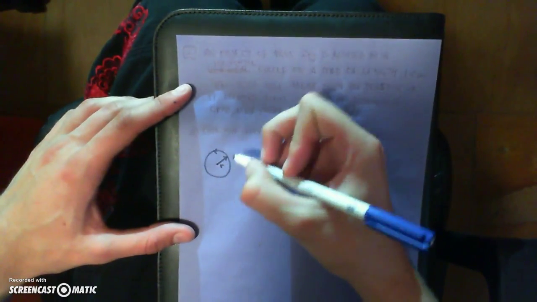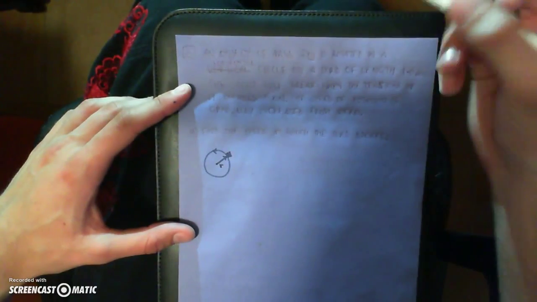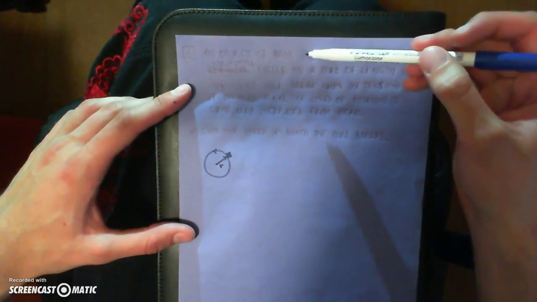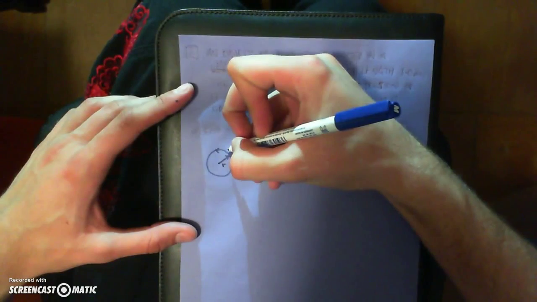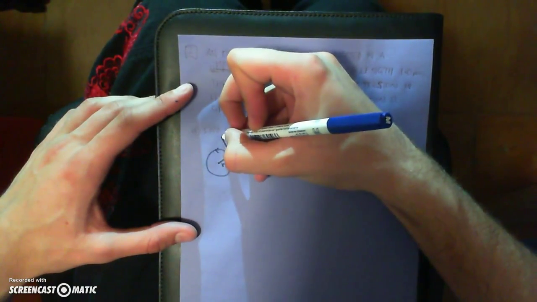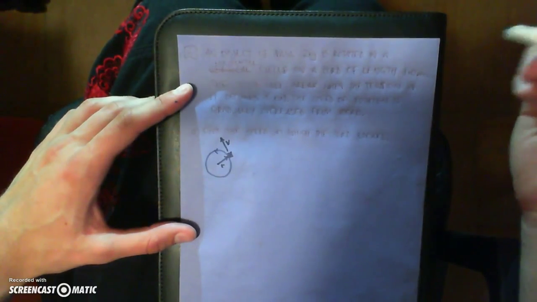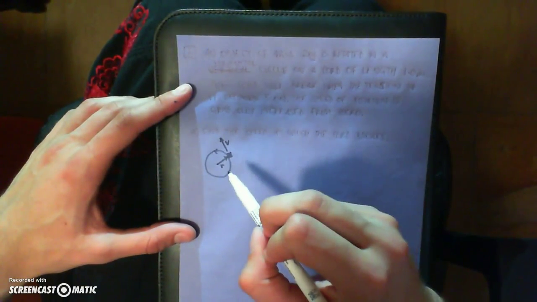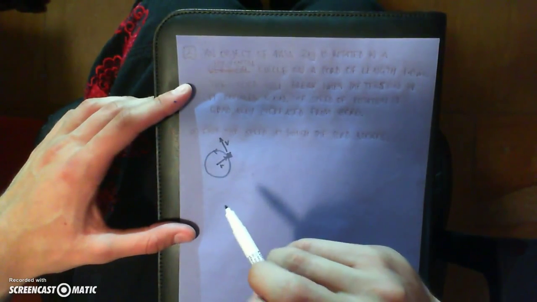So I'm just going to write an R for radius. An object is on the M end, and the object has mass 2 kilograms. With the velocity of the object being perpendicular to the acceleration as it is in a uniform circular motion.